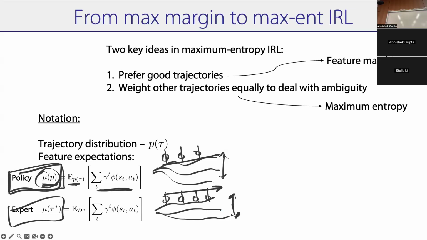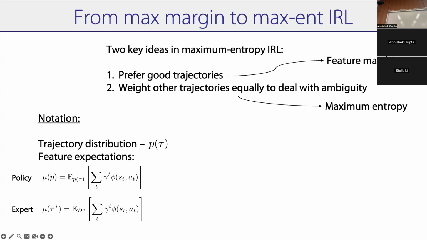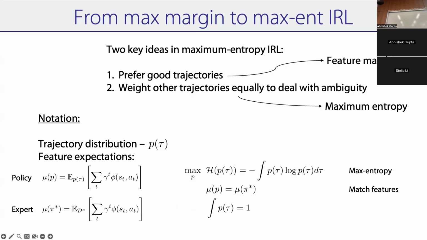And so the maxent IRL formulation is basically this, which is saying that let's try and have a trajectory distribution that matches features with an expert. Right, so let's try and find a P which matches features with the expert. And as we saw earlier, if you match features with the expert, then your value is close to the expert.